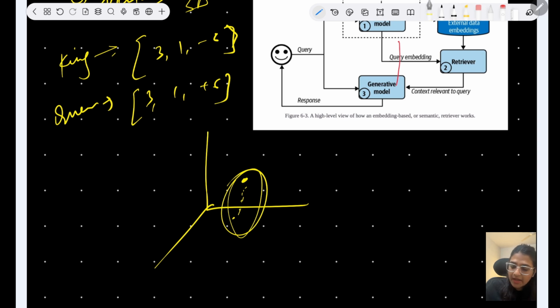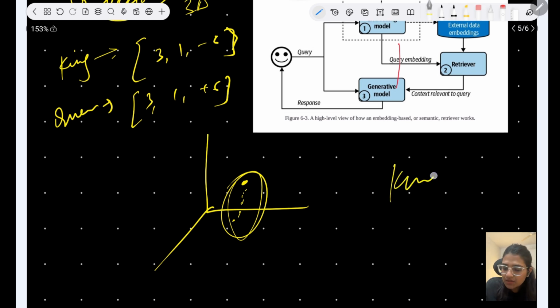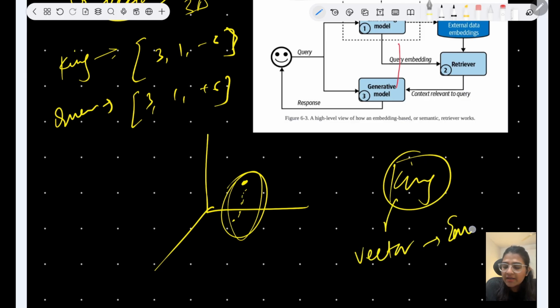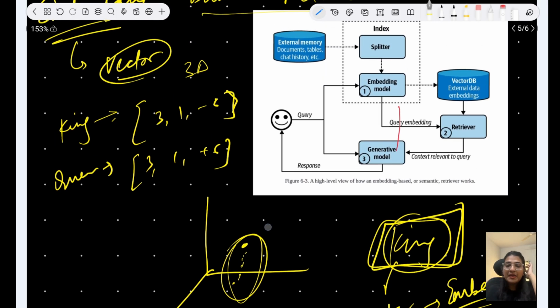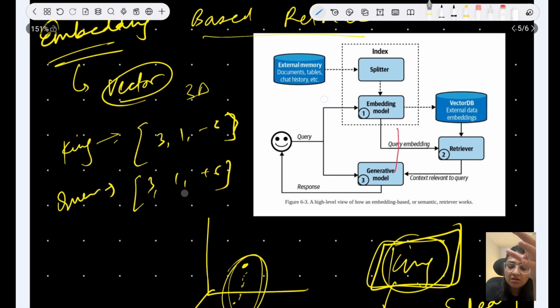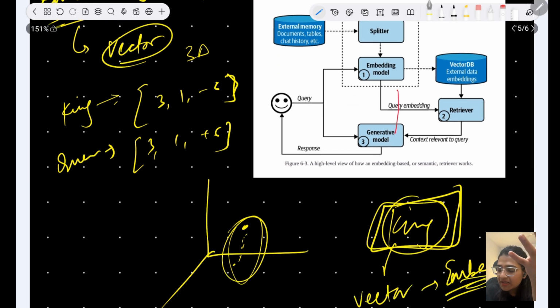So for example, I am using the word king only and I convert it into a vector. Now I'll call it a vector embedding because a vector embedding is basically used to preserve the important properties of the original word, which was king. So a vector embedding or an embedding based retriever doesn't work if the embedding created is bad.